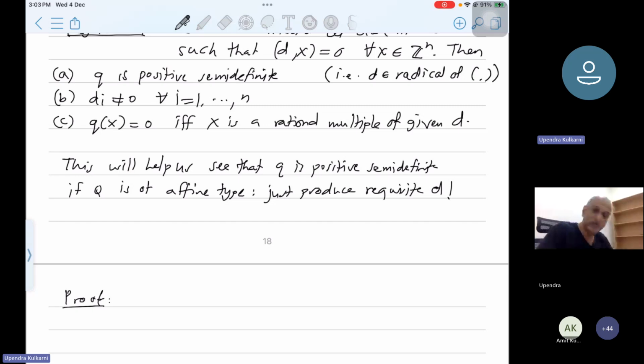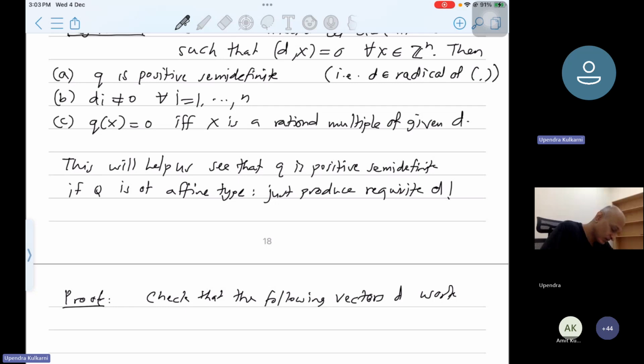So one thing that I'm going to do is produce the requisite d. So check that the following vectors d work.